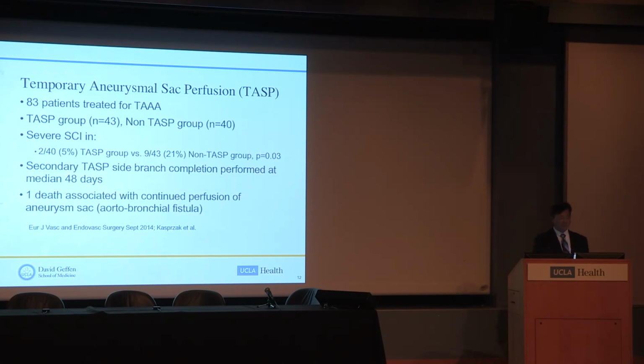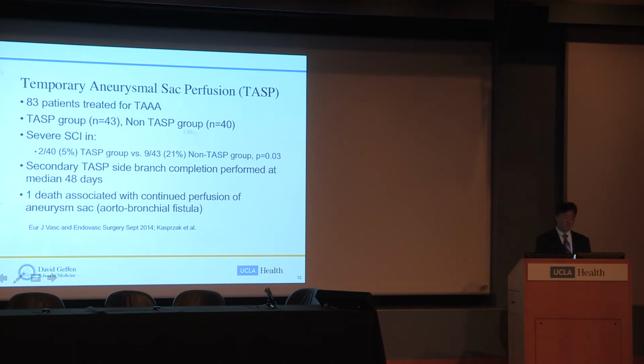So one of the larger series I found with this was an about evenly divided group of 83 patients, roughly half had this concept, half did not. And they showed a pretty remarkable reduction in spinal cord injury in the temporary sac perfusion group versus the non.